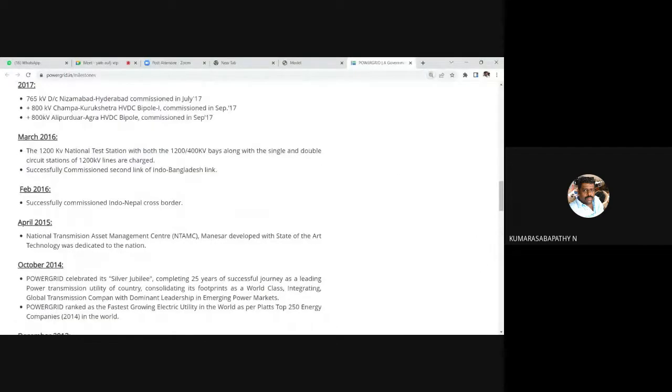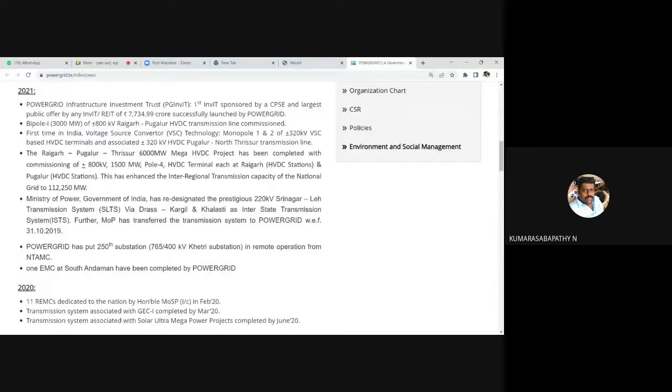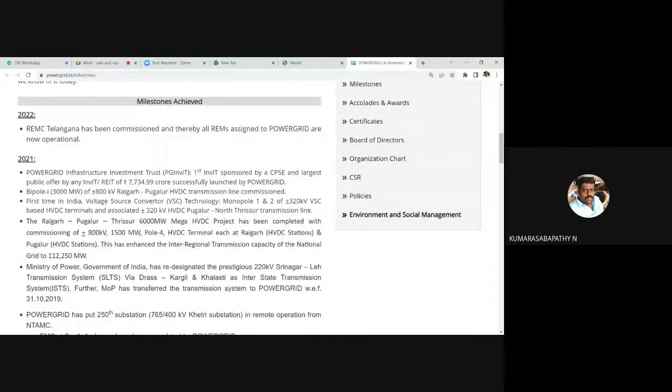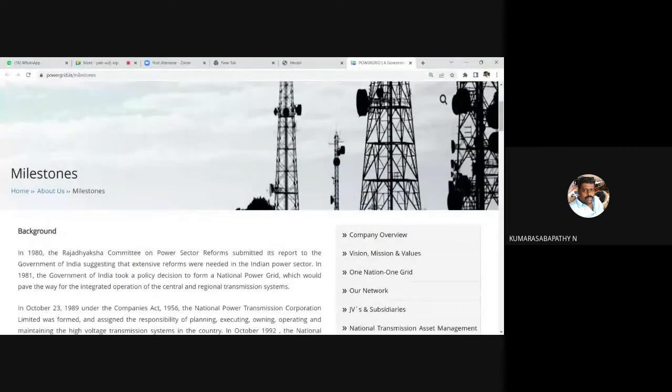After the commissioning of this national grid, we have gone for many HVDC projects also. You know that power transmission from one region to another can be done using HVDC as well as EHVAC or HVAC.